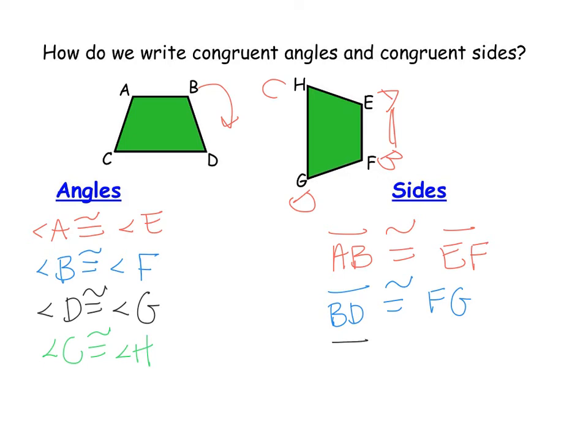Side DC is congruent to side GF. And then finally, side CA is congruent to side HE. Again, those are the sides that line up on top of one another when I slide these two polygons over each other.